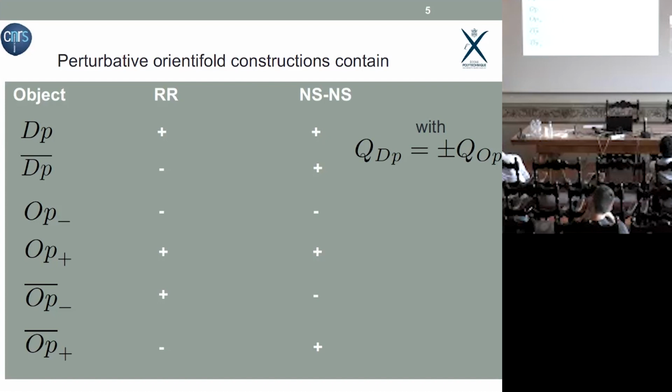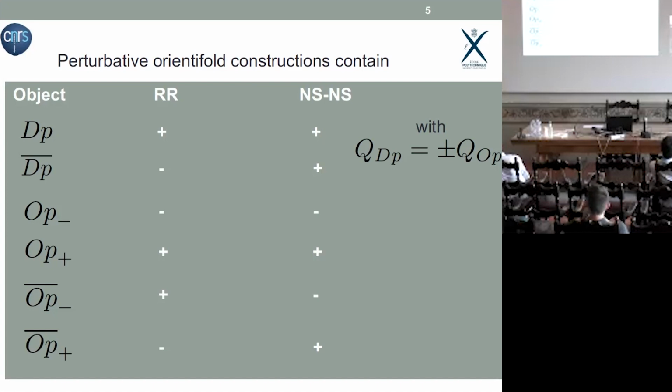Since I see that there are some more phenomenologically oriented people, I allow myself to give some simple explanations. The difference between branes and orientifolds is that the orientifolds are like mirrors, so they can have negative tension, which is very unusual. Negative tension would be inconsistent for a dynamical brane, but orientifolds are kind of mirrors, so this is consistent.